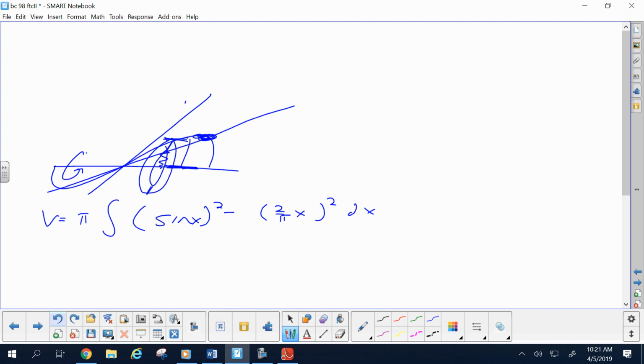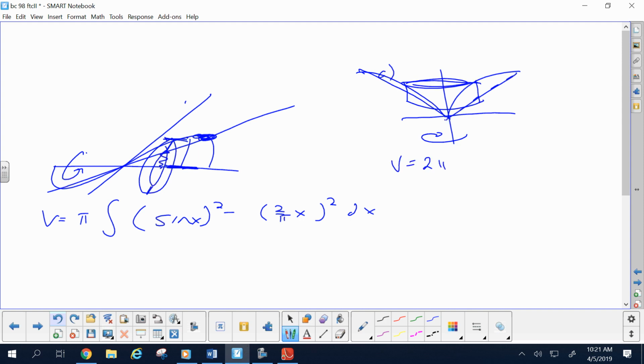And then C, if you use x there, you're going to get a shell. If you have this region, so you go around the y-axis, using x, you're going to get a cylindrical shell. Do you agree? Okay, so you need to know R and H. What is R?